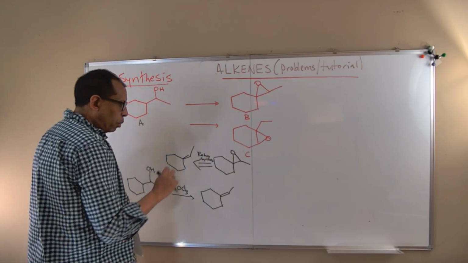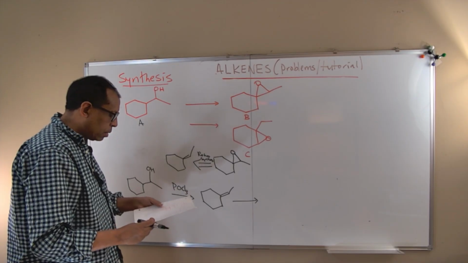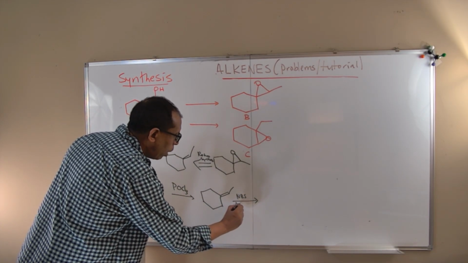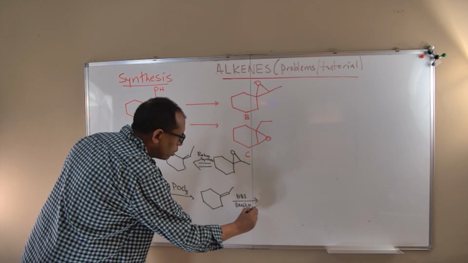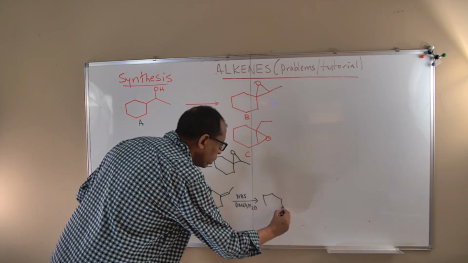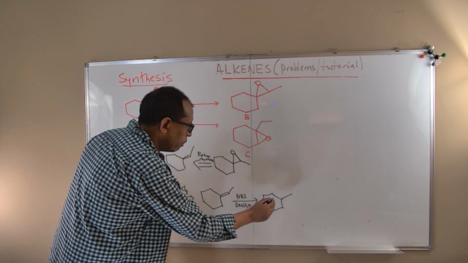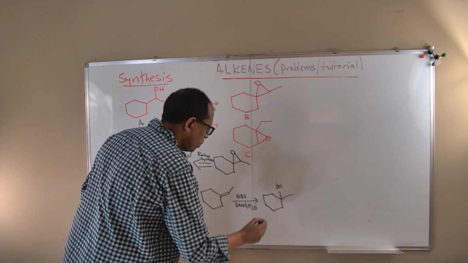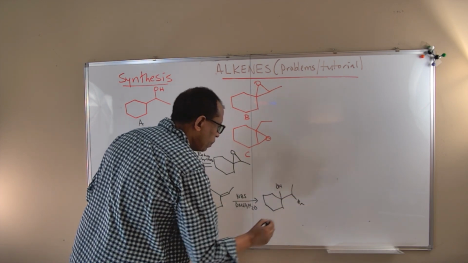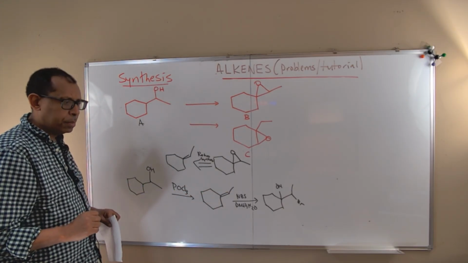To go to this epoxide from that alkene, you just do NBS, DMSO, water. So this is a bromohydrin. For epoxides, you start from bromohydrins. So if you have OH here, and bromine would be right here, you are adding bromohydrin across the double bond.